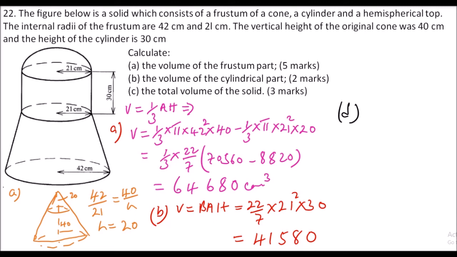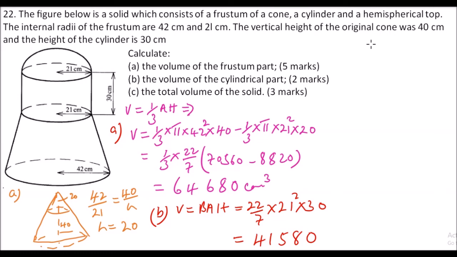So before that, we will need to calculate the volume of the hemisphere. So the volume of the hemisphere is a half. The formula for finding the volume of a sphere is 4 over 3 pi r cubed, so it is 22 over 7 multiplied by r cubed.